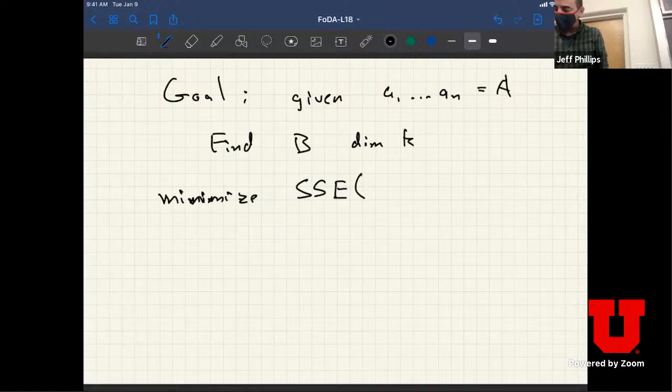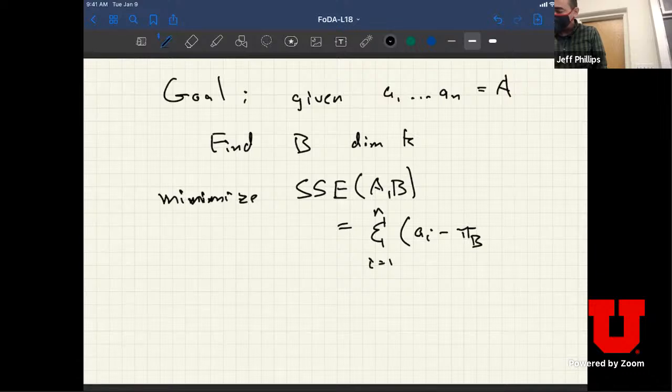This is equal to the sum of i equals 1 to N of the difference between ai and the projection onto B of ai, squared.